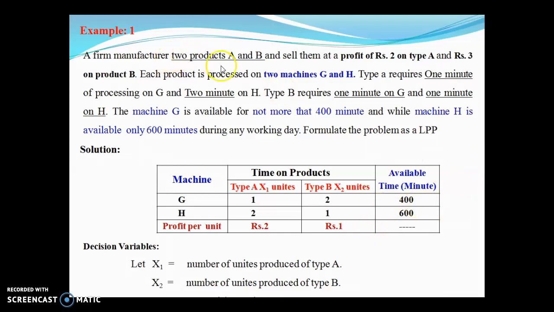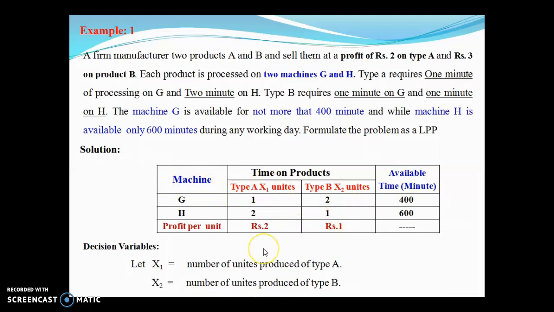As per this statement, for type A the processing time is 1 and 2 minutes. Again for type B, that is product B, processing time is 2 and 1, and these are the restrictions of the available time, 400 and 600. This is the statement of our problem, written in this table.